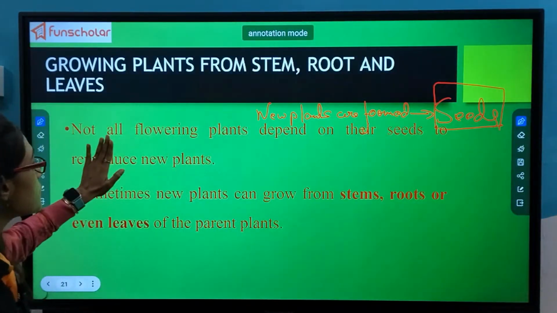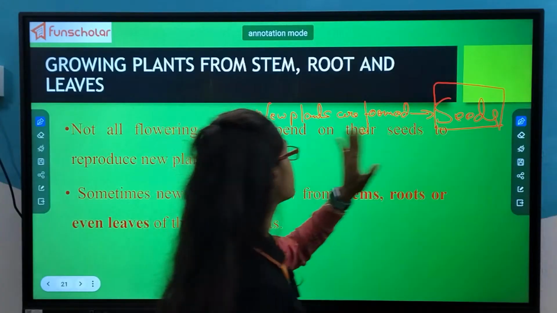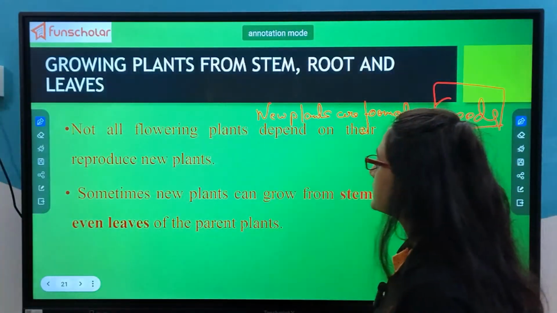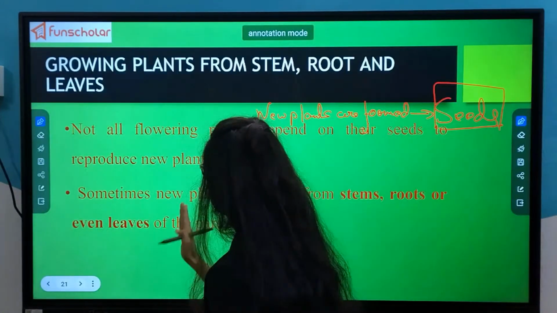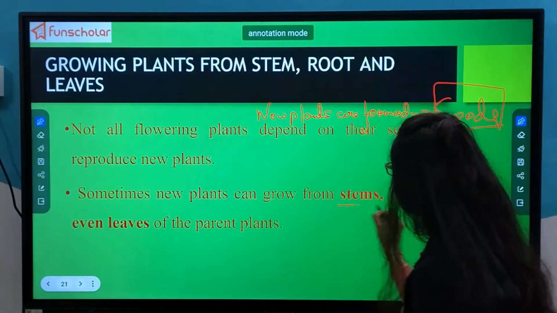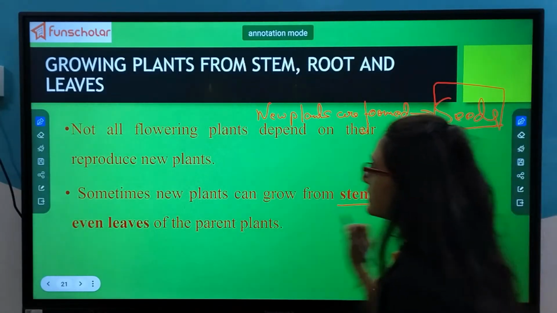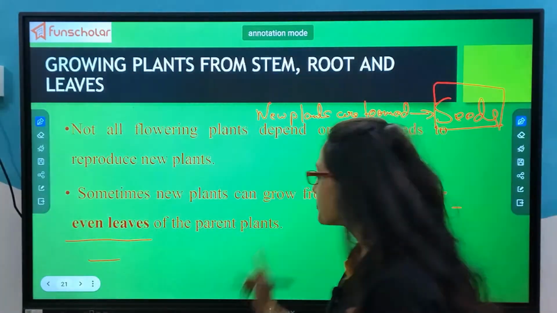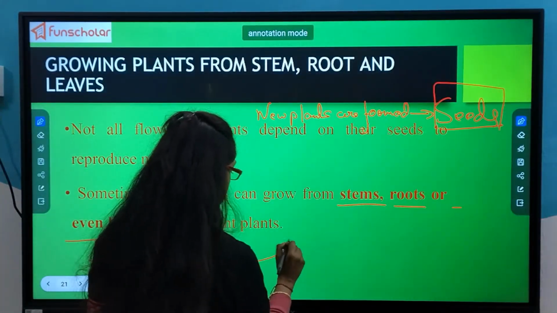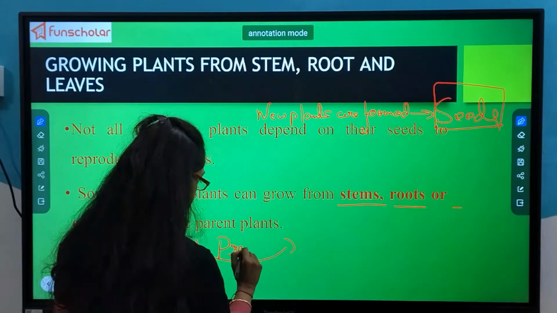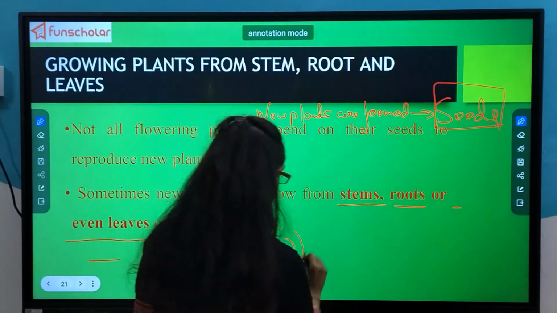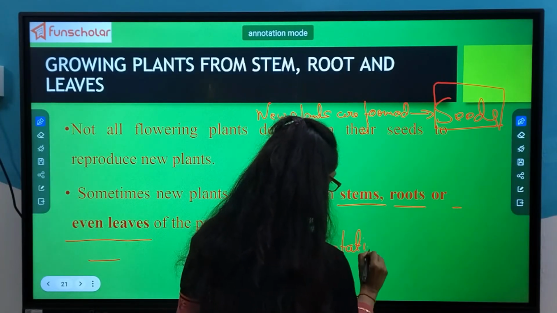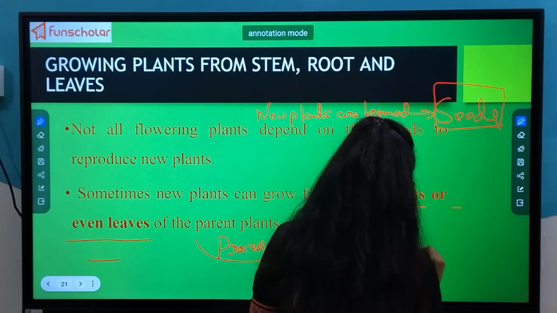Now let's read. Not all flowering plants depend on their seeds to reproduce new plants. Just now I have told you. Sometimes new plants can grow from stems, roots, or even leaves of the parent plant, and this process is known as vegetative propagation.